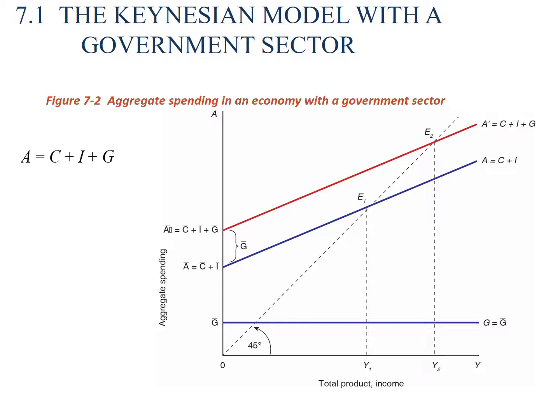The equilibrium level of income will now be at Y2, which is higher than when we only have consumers and firms in our model.